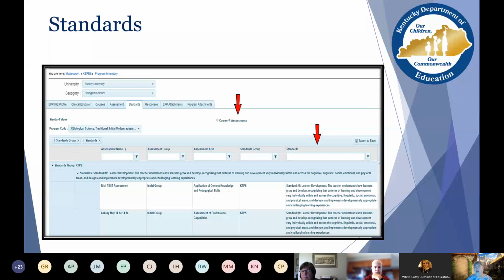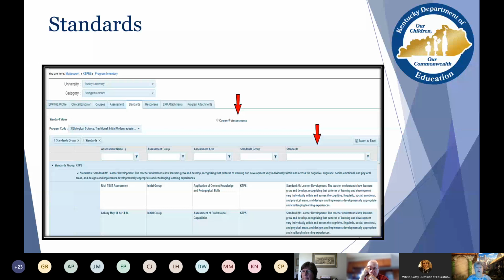If you want to see the standards in numerical order, all you have to do is click on the name of the particular column. So if you want to see the standards in order, you click on standards and it will arrange them chronologically in either ascending or descending order.